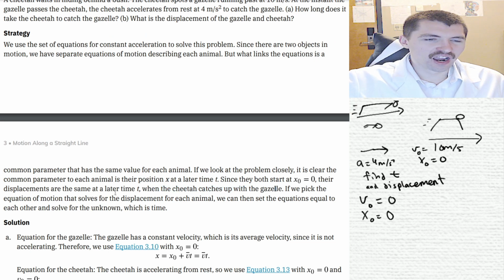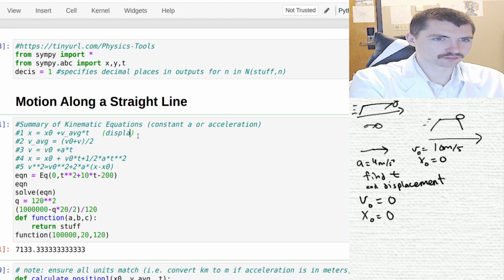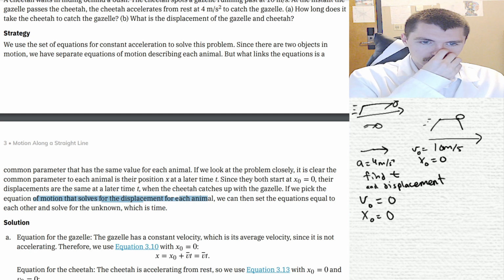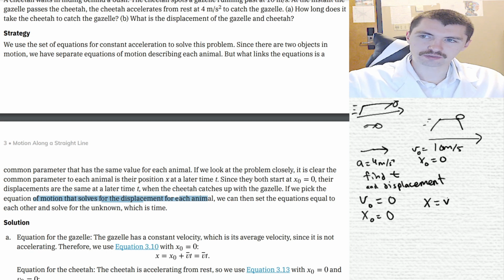We pick the equation of motion that solves for displacement. Okay, so displacement. Using x equals v t.